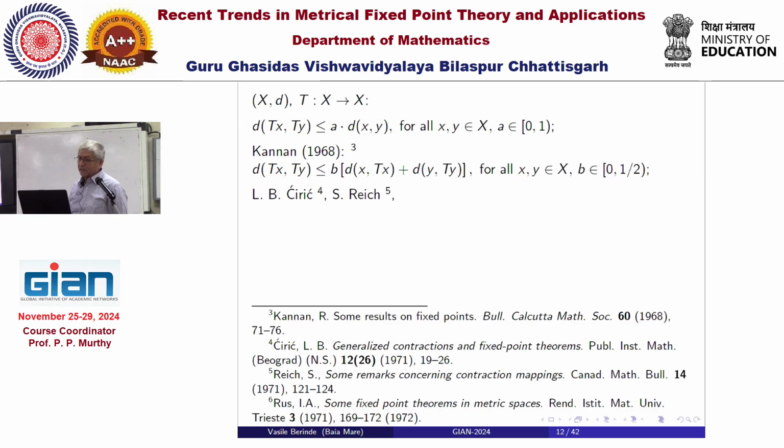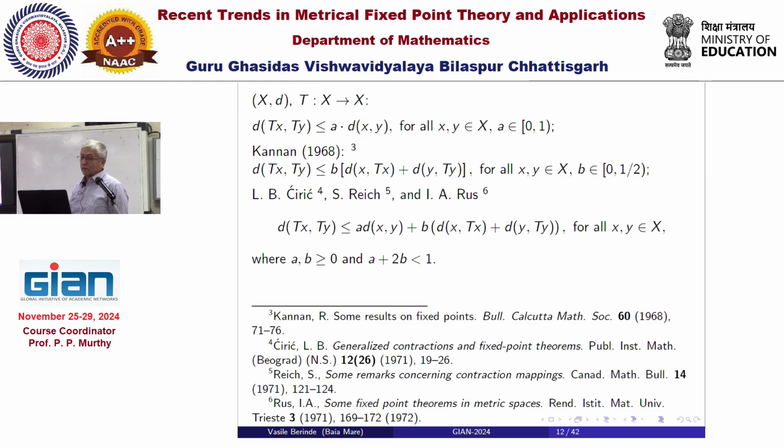There are many other important conditions I mention here. This nice combination of Banach and Kannan was done in the same year, you can see: Ćirić 1971, Reich 1971, and Rus 1971, but the paper was published in 1972.